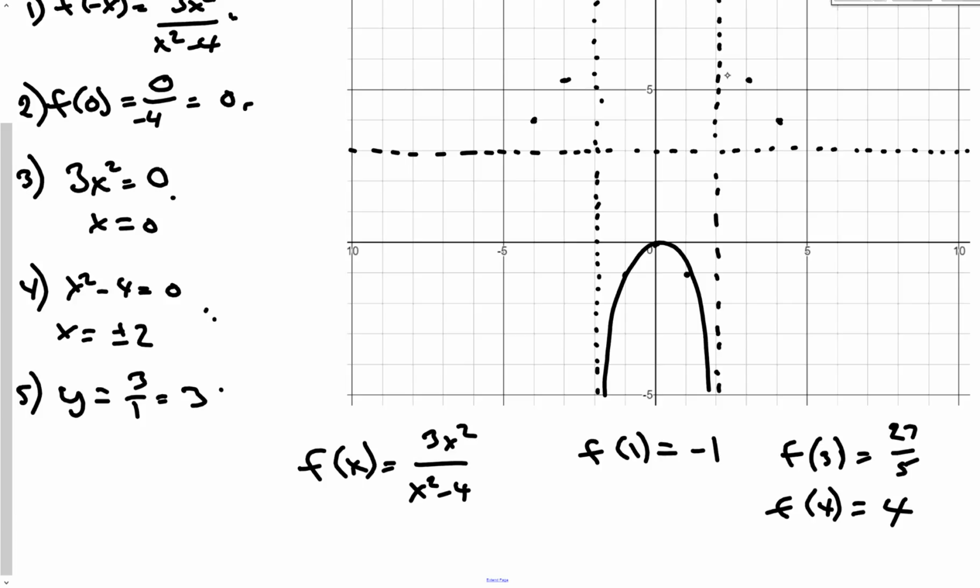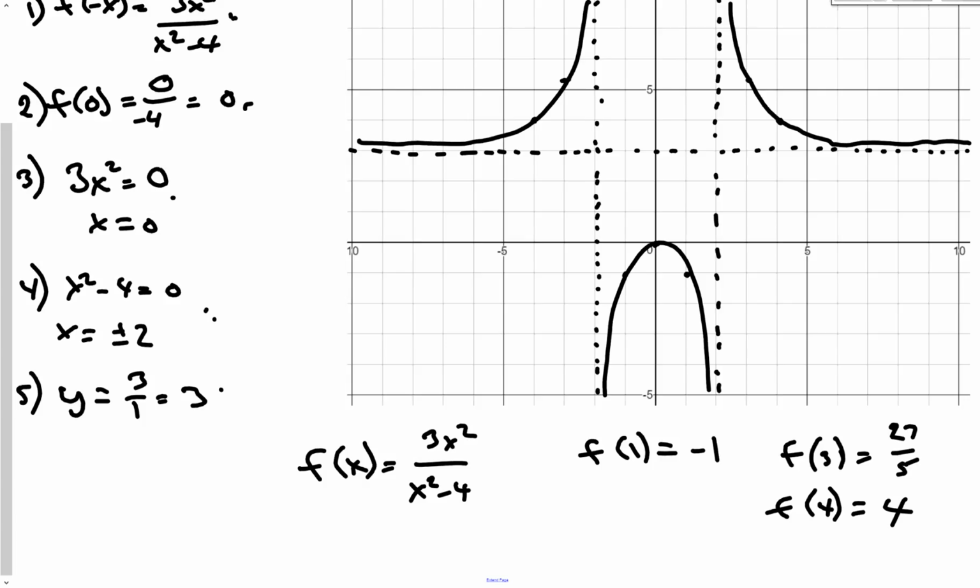And as this function gets closer and closer to the vertical asymptote, it's going to either go straight up or straight down. In this case, I can see that it's going to be going up. Now I have enough information to finish this graph because I can make it look like that and like that. And there's my graph.